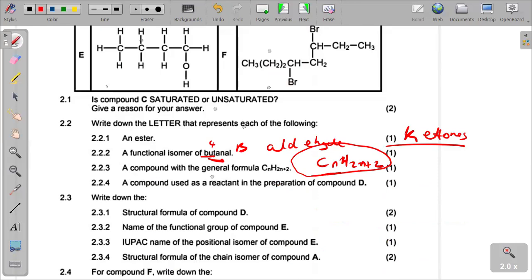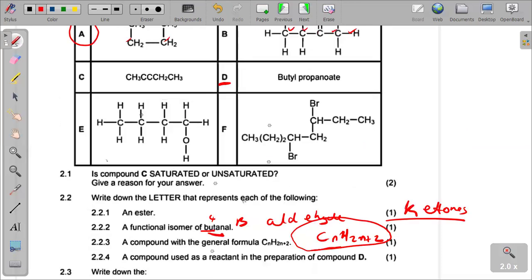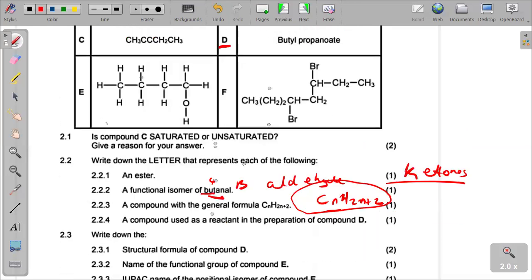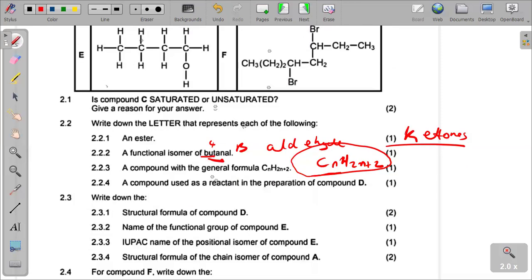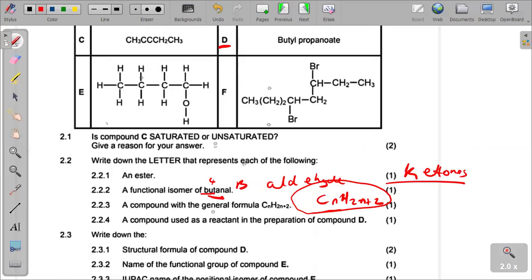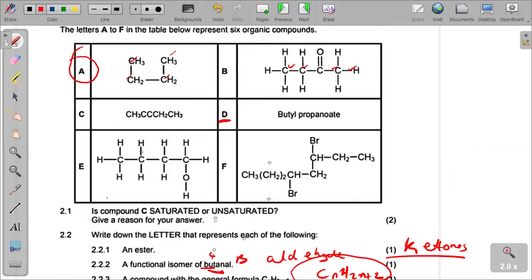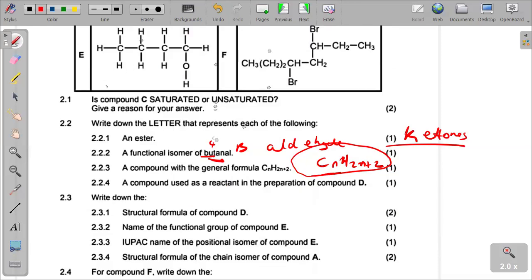Then the next question, 2.2.4, is now saying a compound used as a reactant in the preparation of compound D. What is compound D? That's butyl propanoate. So how are esters formed? Esters are formed from alcohols and carboxylic acids. So we are looking for an alcohol or a carboxylic acid.